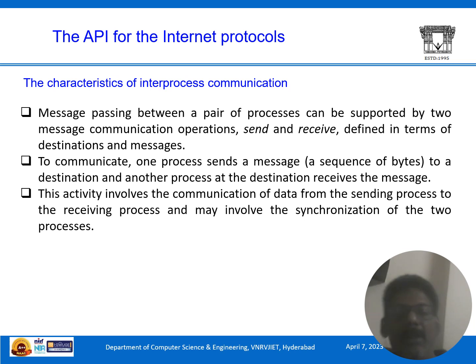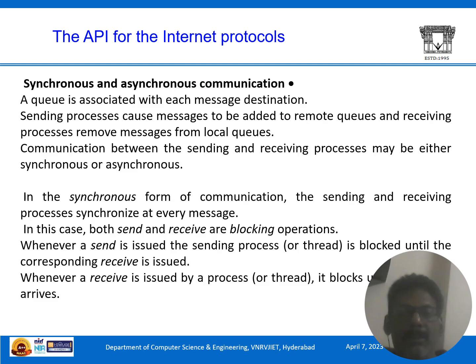This activity involves the communication of data from the sending process to the receiving process and may involve the synchronization of the two processes. A queue is associated with each message destination. Sending processes cause messages to be added to remote queues and receiving processes remove messages from local queues.